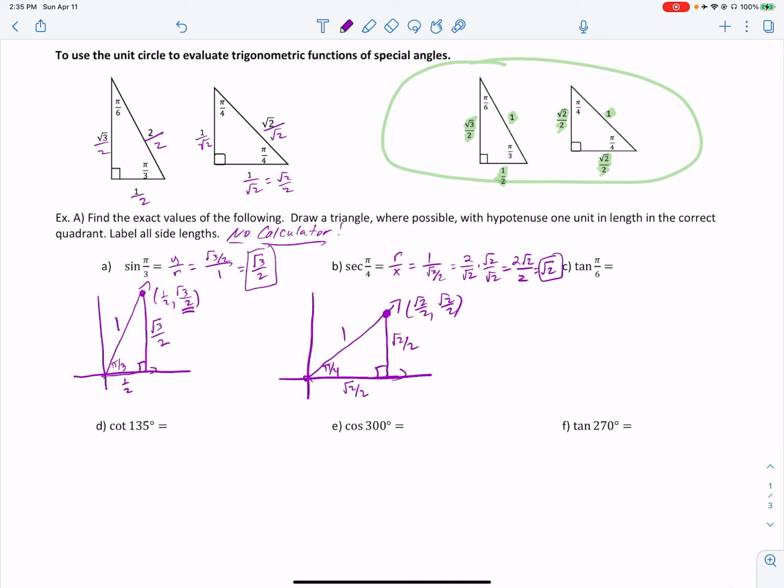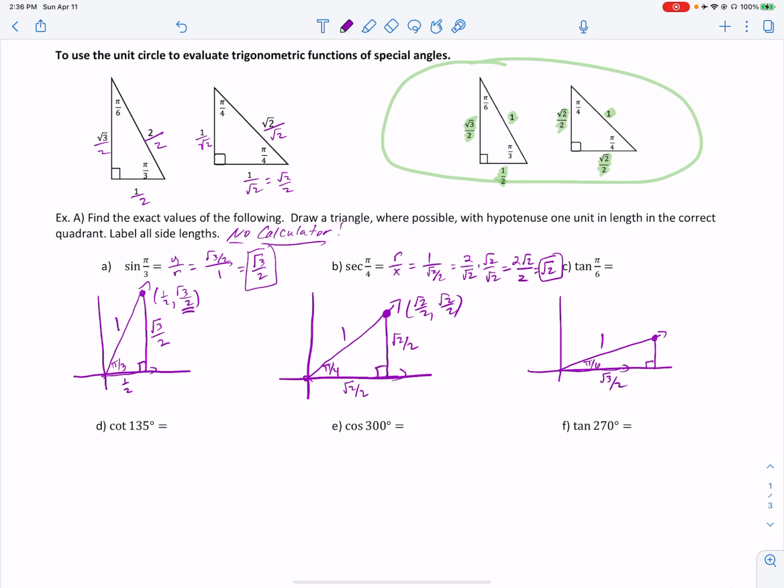For tangent of pi 6, well, the pi 6 is going to look something like this when I draw that angle. It's at 30 degrees. If it's in degrees, drop. Always drop to the x-axis, never to the y-axis. And the hypotenuse is going to be 1.